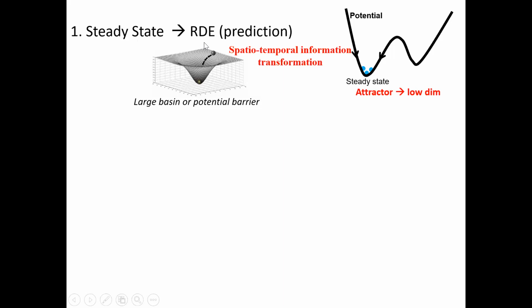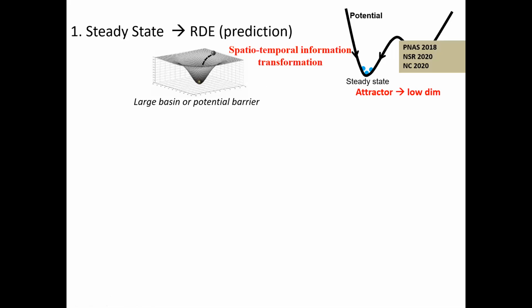The first one is prediction, and today I will show a little bit of prediction. We want to explore a very special feature of nonlinear dynamics, that the attractor is usually low dimensional. Based on this feature, we can transform high-dimensional spatial information into temporal information, so we can make short-term time series data prediction.